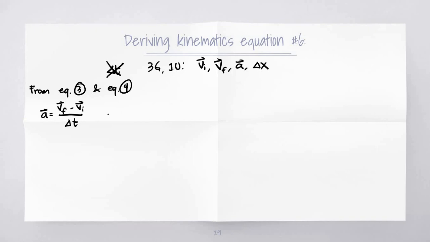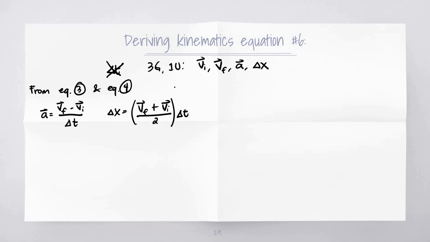While equation number 4 is delta x is equal to final velocity plus initial velocity all over 2 times delta t. Alright, now, again, our main goal is to eliminate the time variable.